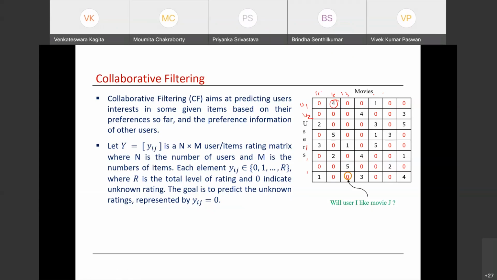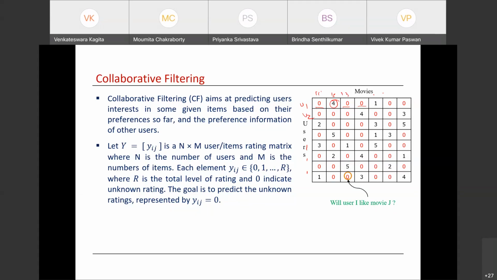So the idea is to recommend some movies out of these unobserved entries. For example, user 1 has not watched or consumed item 1 or item 3 or item 4, and so on, wherever zeros are present. So the idea is to make some recommendations out of these unobserved items, or predict the rating of how much this user would give to a particular item.